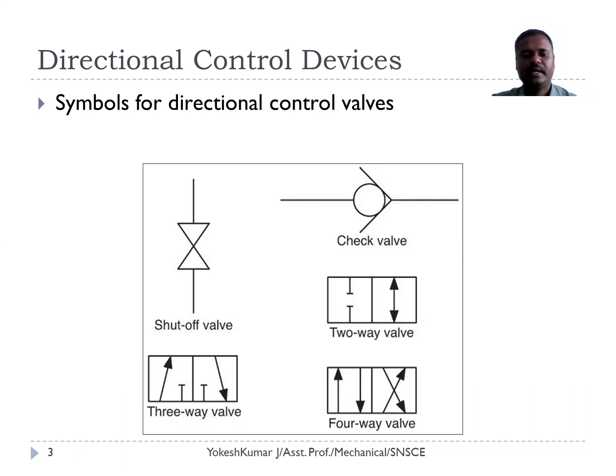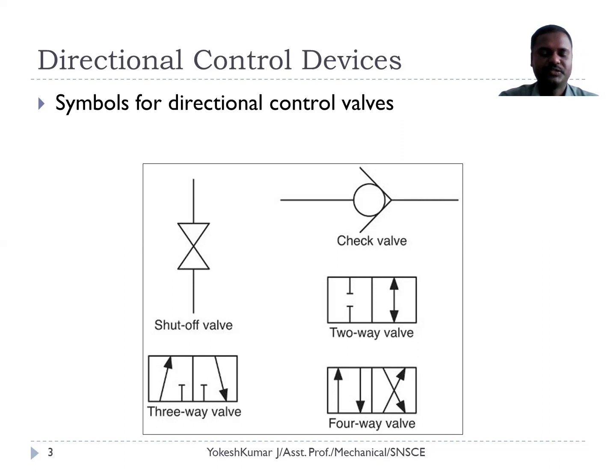And this is called a three-way valve. It has two positions. The number of positions of the valve can be determined by the number of squares. Here we have two squares, therefore two positions are there. One is the on position and another one is the off position.